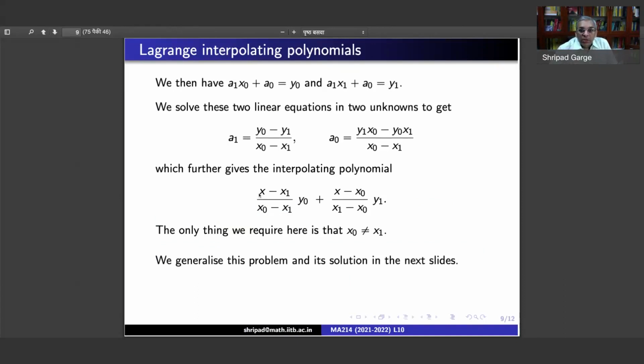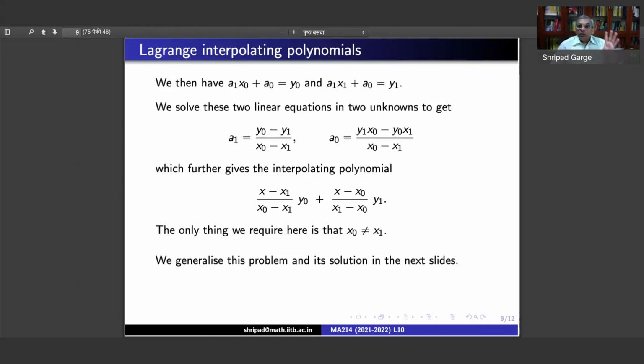When we wrote this polynomial, the interpolating polynomial, if your y0 was 0 and y1 was 1, then the first term before the plus sign will not come. You would only get the second term, which is x minus x0 upon x1 minus x0. You are going to get only that particular term.